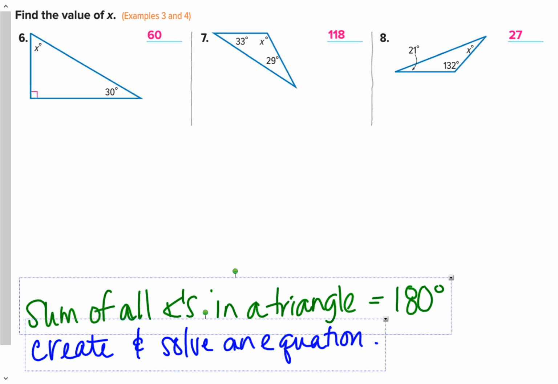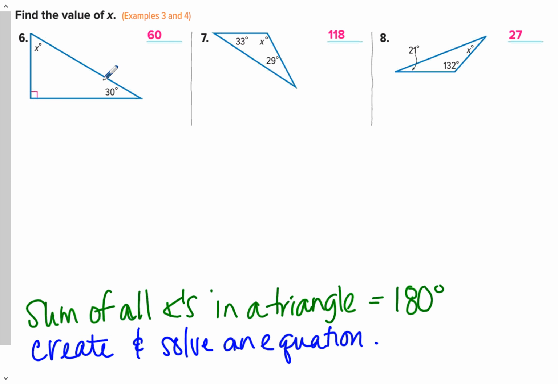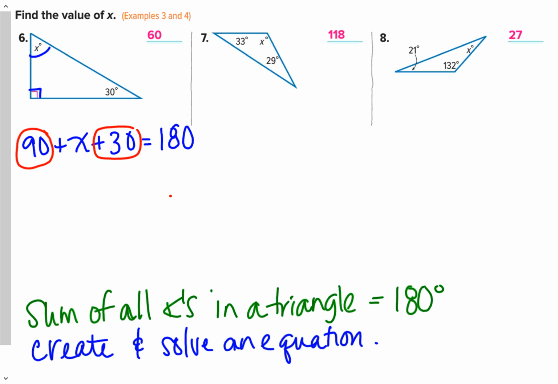All right, so we know we have 3 angles right here. One of them is 90 degrees, which is great, plus x plus 30, and that's supposed to equal 180 degrees. And if you remember from chapter 5, you can combine like terms. So on this left side, I can combine my 90 plus my 30 because they're 2 numbers and I can add them together.